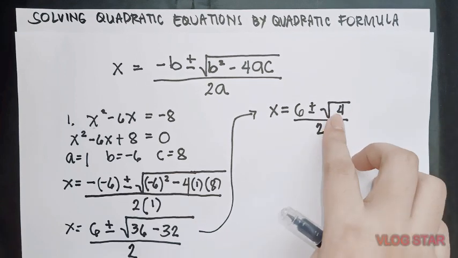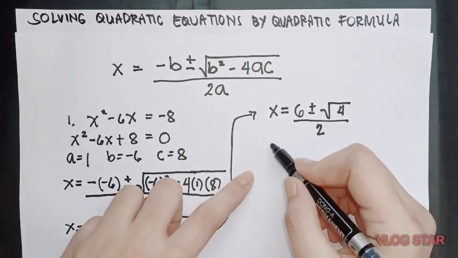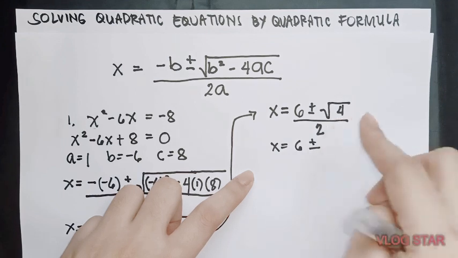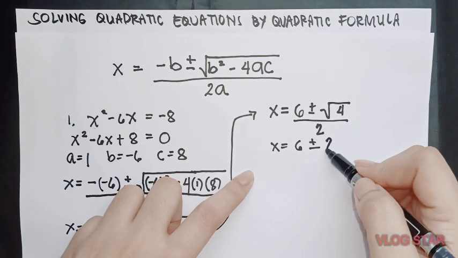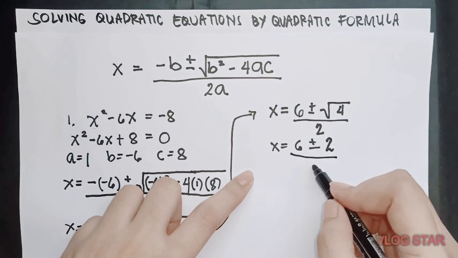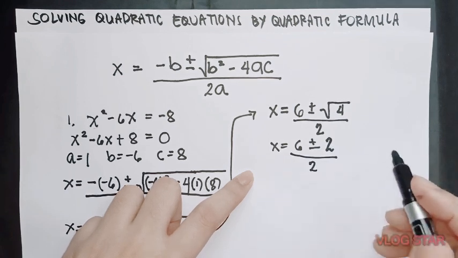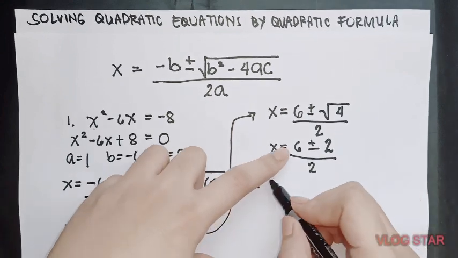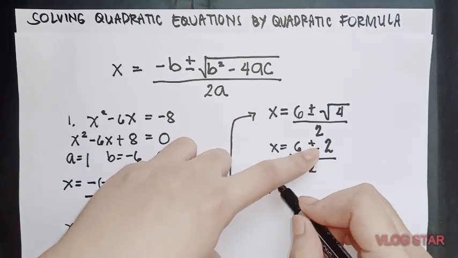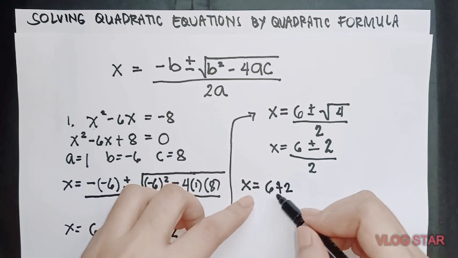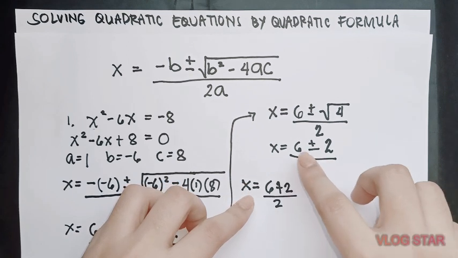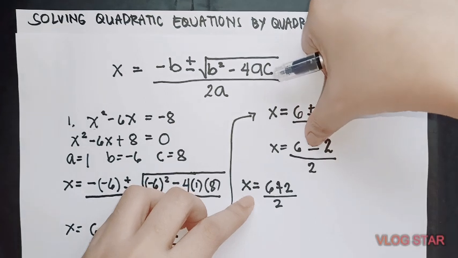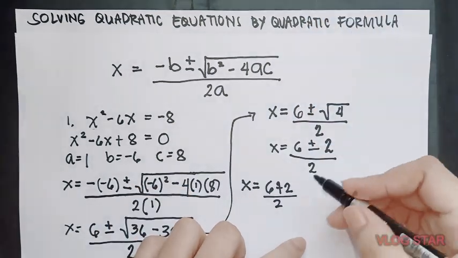Let's first get the square root of 4. We have now x equals 6 plus minus the square root of 4, which is 2, all over 2. So we have now two values of x. We have 6, and then take first the plus. So 6 plus 2 all over 2, and then the other one, take the minus.